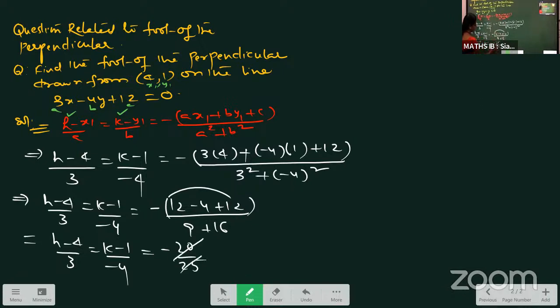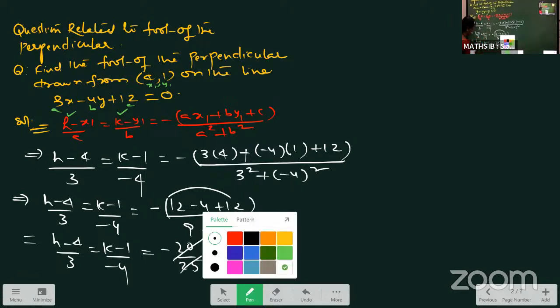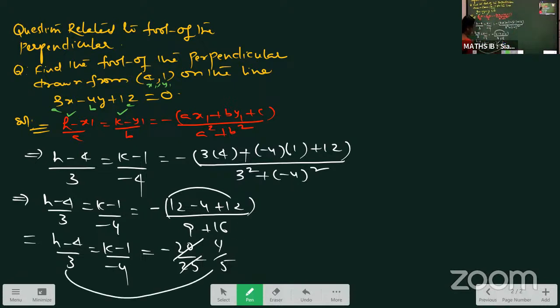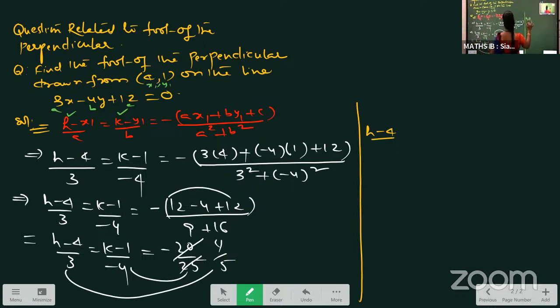So cancel out, 5 4s and 5 5s. Then equate these two and equate these two. Then what you will get? (h minus 4) by 3 is equal to minus 4 by 5 and (k minus 1) by minus 4 is equal to again minus 4 by 5.